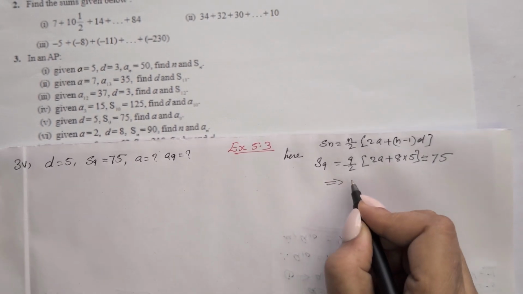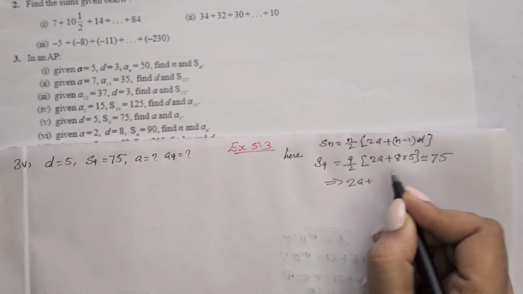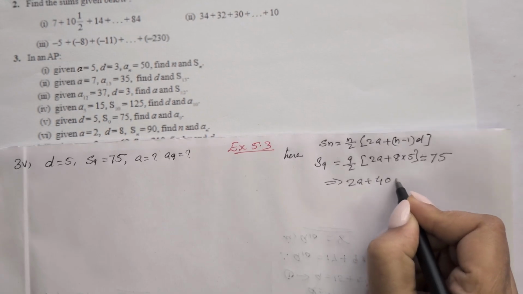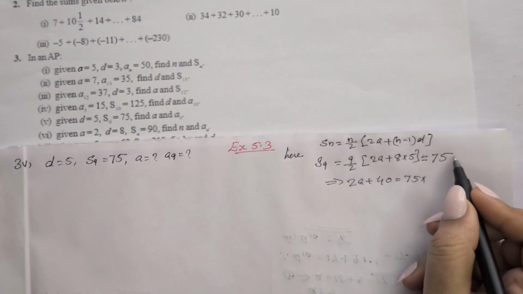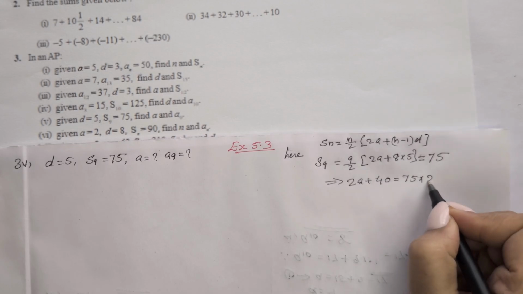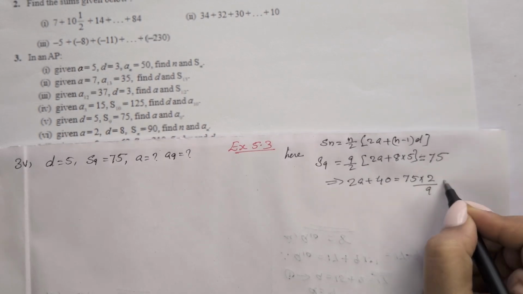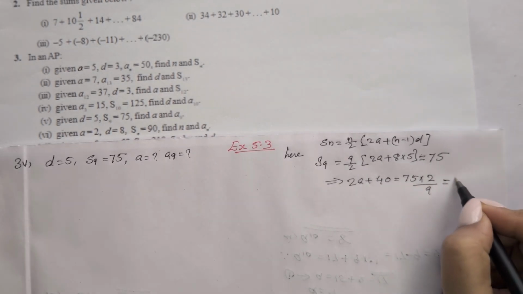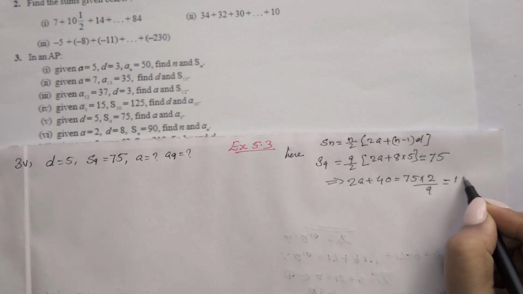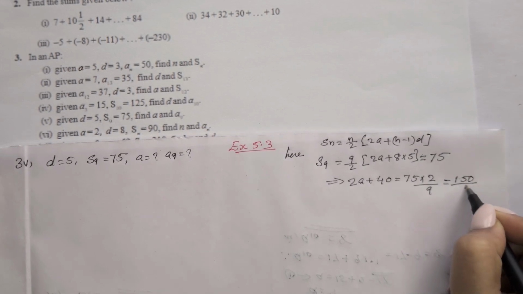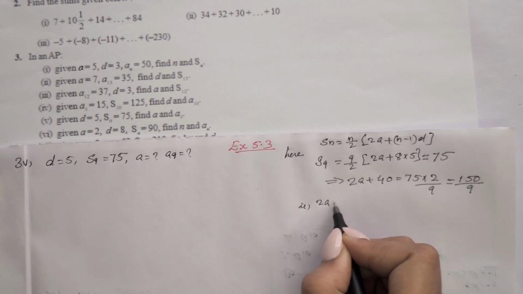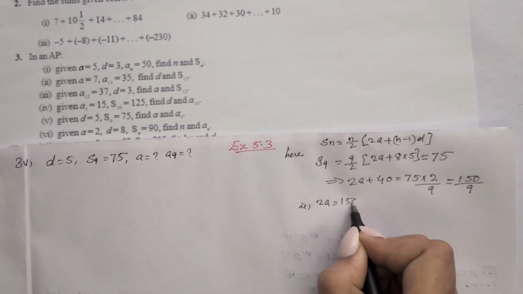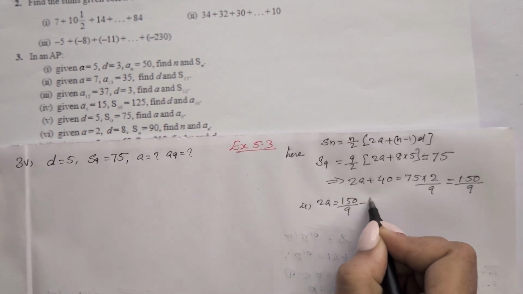That implies 2a plus 8 into 5, 40 is equal to 75 into, cross multiply to the other side, 2 by 9. That means it will come 150 by 9. Then 2a is equal to 150 by 9 minus 40.